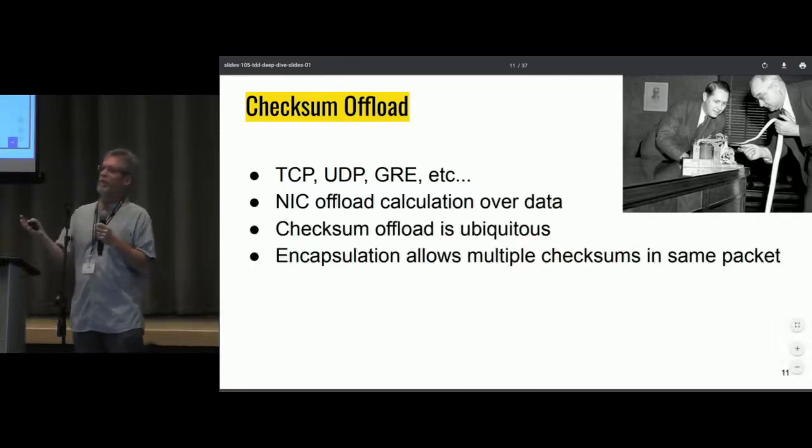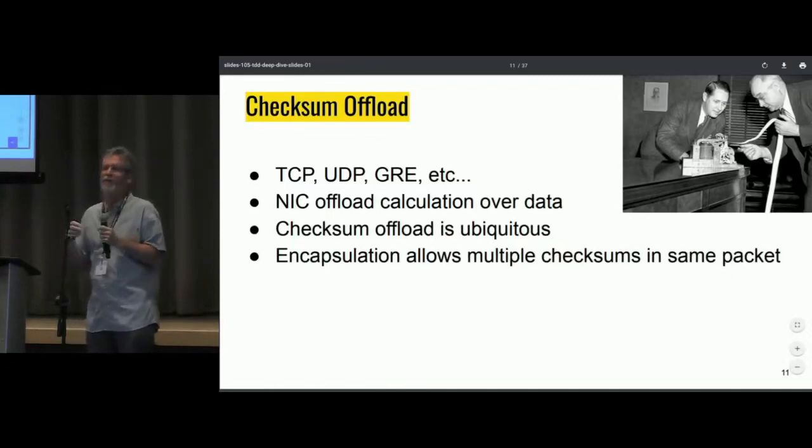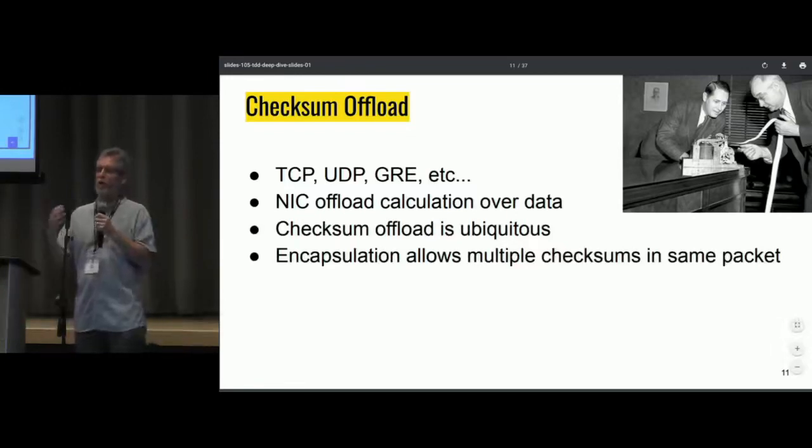So conceptually, it's possible to have 2, 3, 4, 5, or 6 checksums in a single packet: a TCP checksum, a UDP checksum, a GRE checksum. It's all possible. So we want to offload all of those checksums, and we found some techniques that can leverage rudimentary checksum offload of one checksum to actually support multiple checksums even in the same packet.